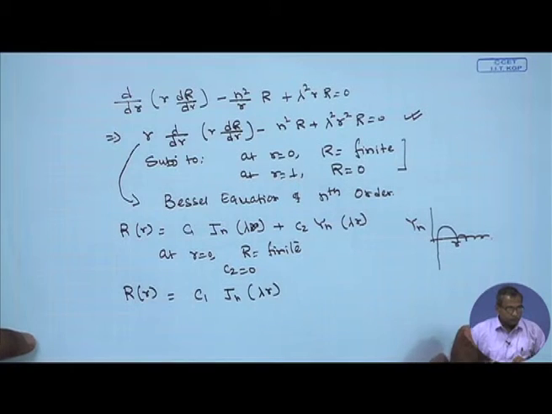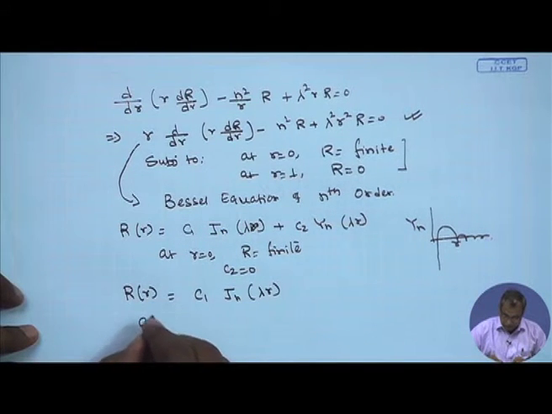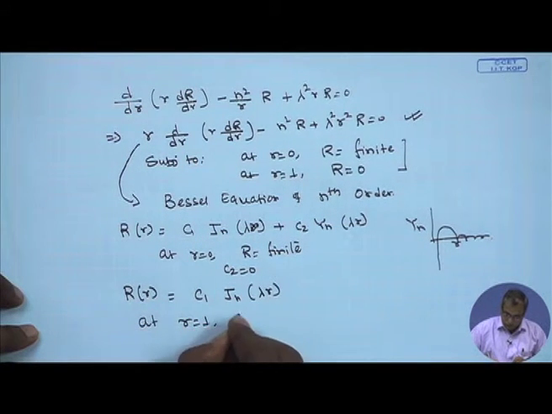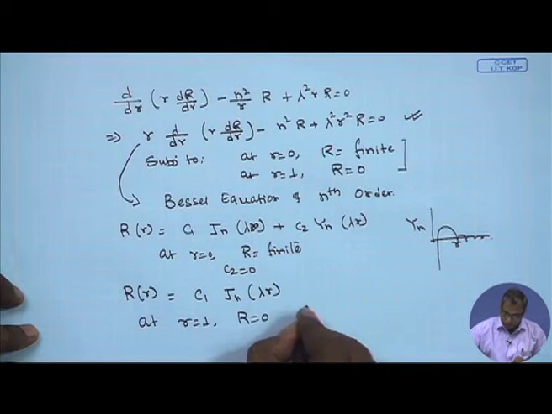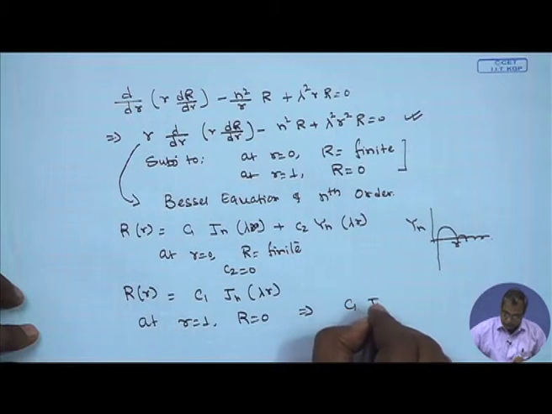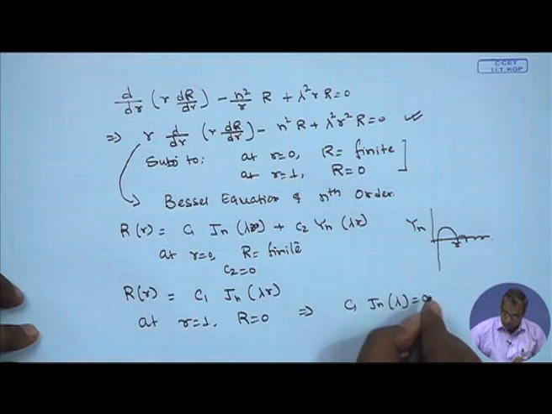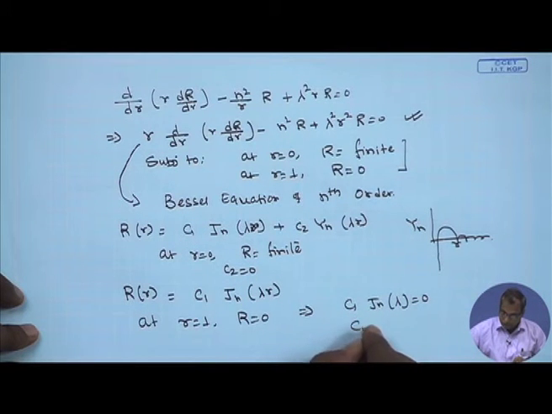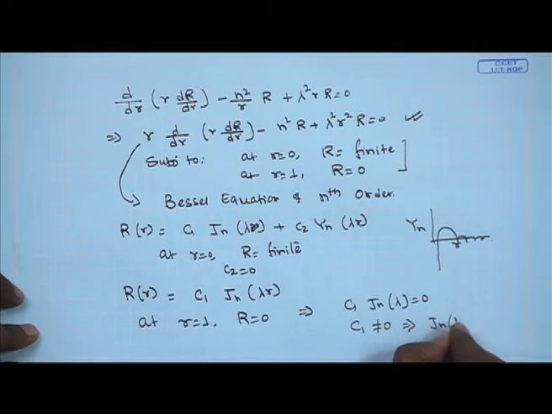Now we put the other boundary condition at r is equal to 1, capital R is equal to 0. Therefore, C1 Jn lambda is equal to 0. For a non-trivial solution, C1 is not equal to 0, therefore Jn lambda is equal to 0.